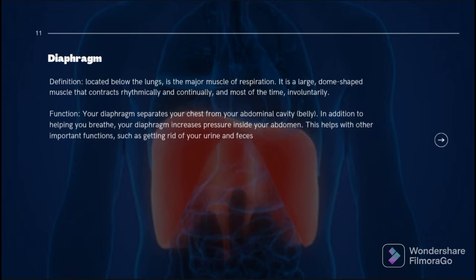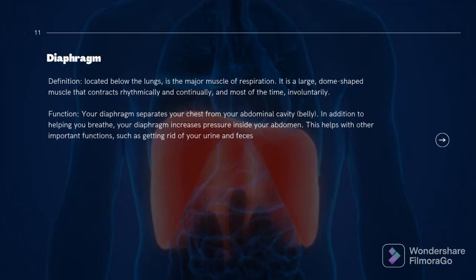From below, we get a sense of the full range of the diaphragm as it would glide over the aorta, the vena cava, the esophagus, and the internal organs. And inside your chest cavity, the diaphragm works to help your breathing. When it contracts, air fills your lungs. When the diaphragm relaxes, it expands and forces the air out. And that's how we breathe.